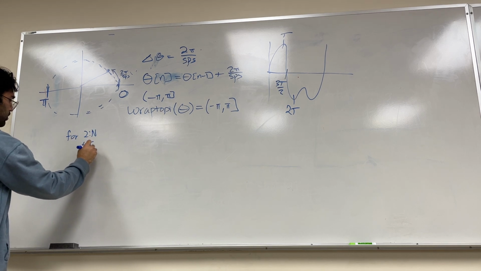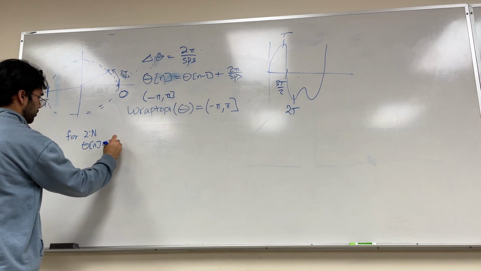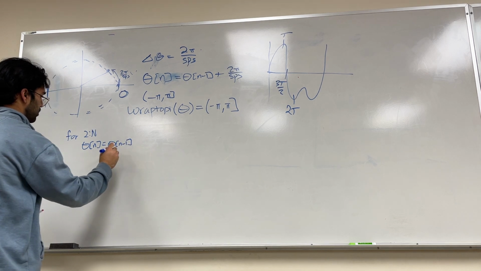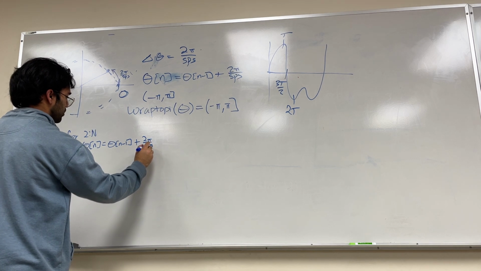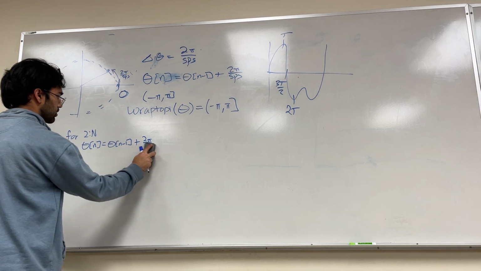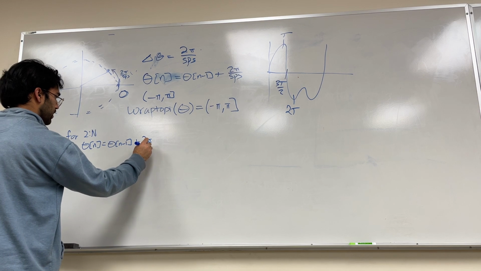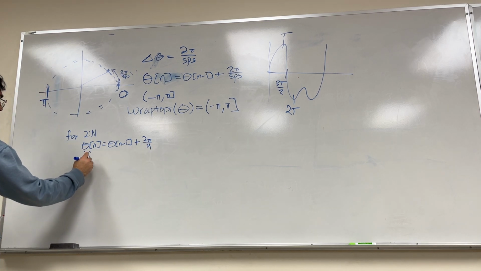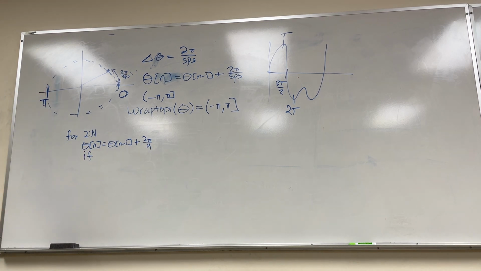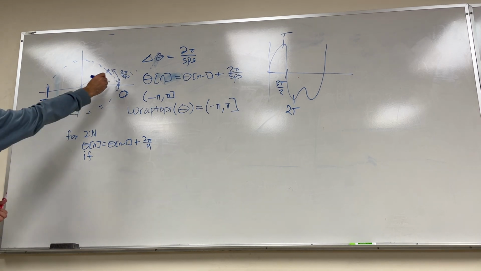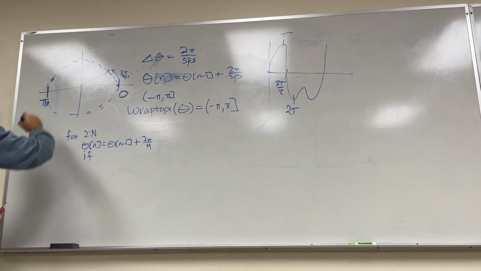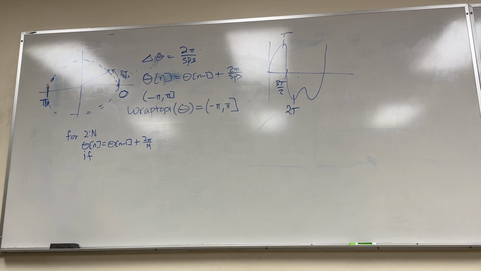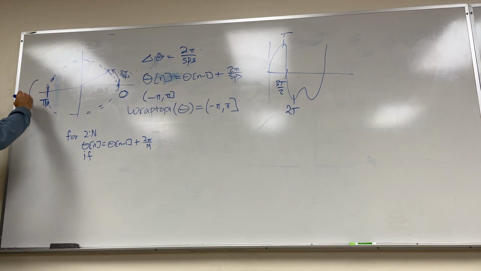Theta of n equals theta of n minus 1 plus 2 pi over the current SPS. We'll call it m, so let me write this. 2 pi over m. And we say if the point crosses from here to here, right, it may not always be exactly pi, then we know we have a correct symbol. We have a correct sample, right?